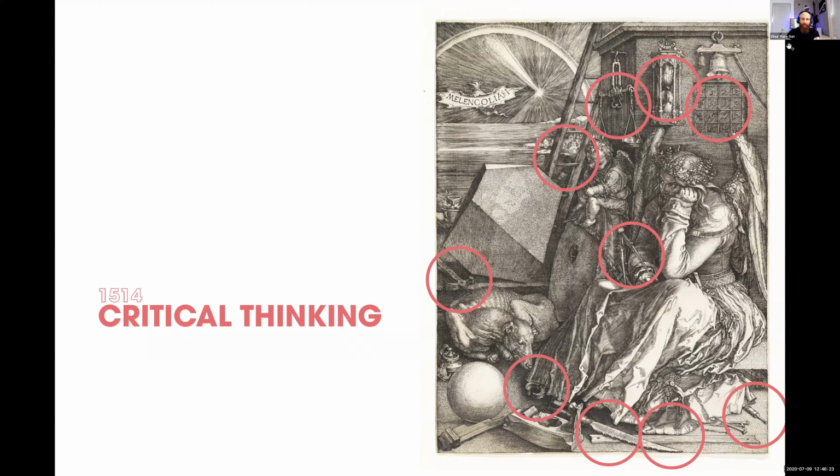Okay, so what's happening with all these things? I think what I'm trying to say is keep playing, create meaning, and be critical. How are we going to be critical? This is interesting, but it's not an old question. This is Albrecht Dürer, one of his engravings from 1514, and he's depicting himself in this engraving. That's his doppelganger, this angel sitting there.